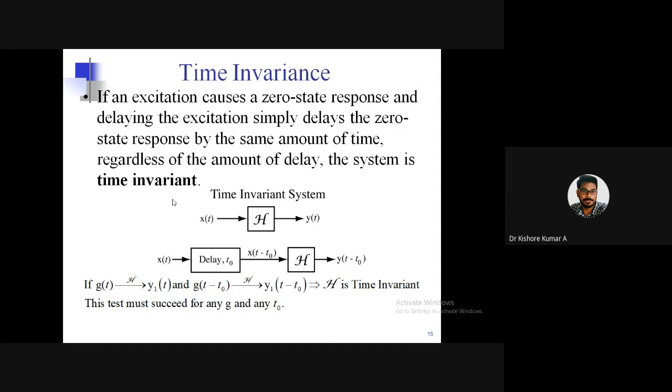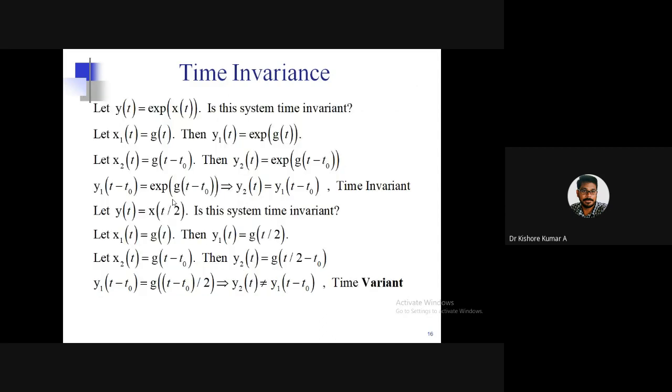Some example, again I am just giving the example: y of t is equal to exponential of x of t. We need to find whether the system is time invariant. So we determine x1 of t is equal to g of t, then y1 of t is equal to exponential of g of t.